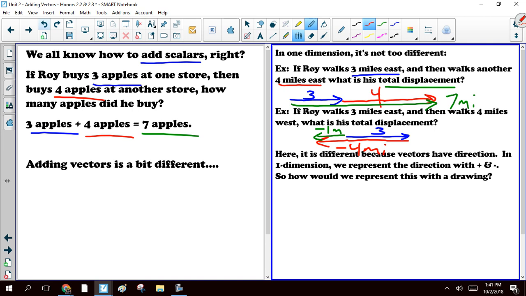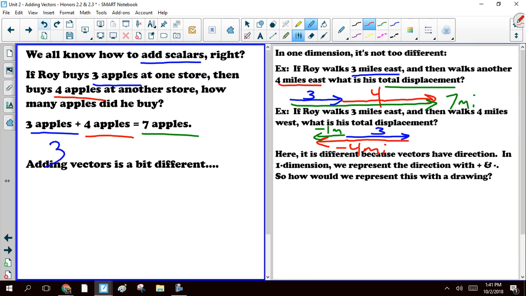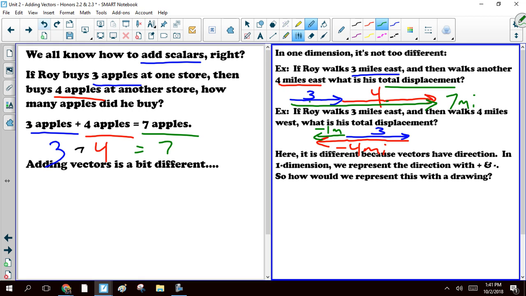Okay, so in all 3 of these examples, whether it's 3 apples plus 4 apples equals 7 apples, or 3 miles plus 4 miles equals 7 miles, or 3 miles minus 4 miles equals -1 mile, these are all addition.